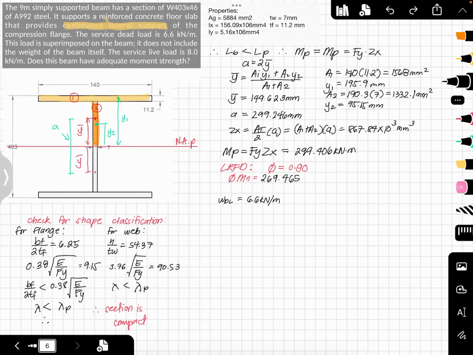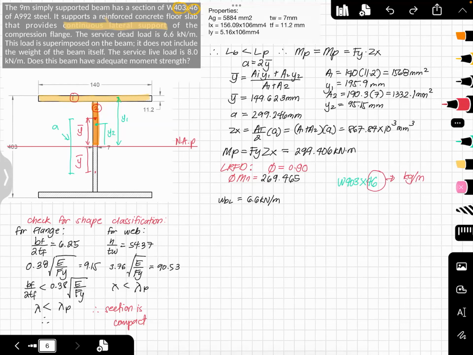As I have mentioned before, the W403 by 46 indicates the depth and then the weight. 403 is the depth, and 46 is the weight in kilogram per meter.